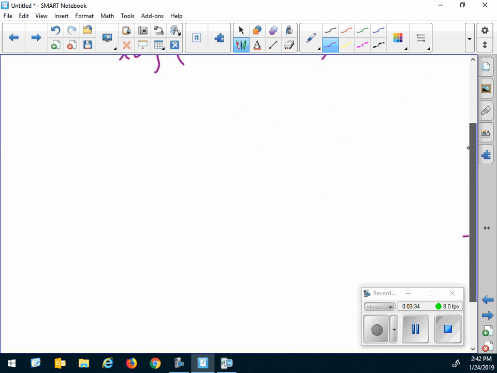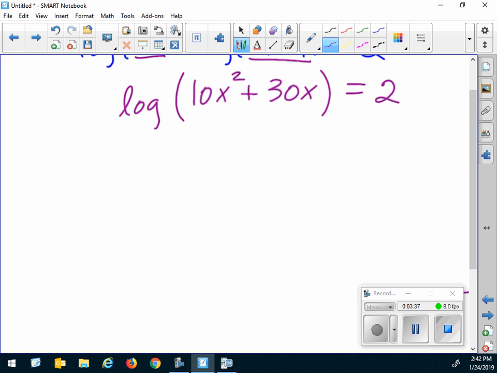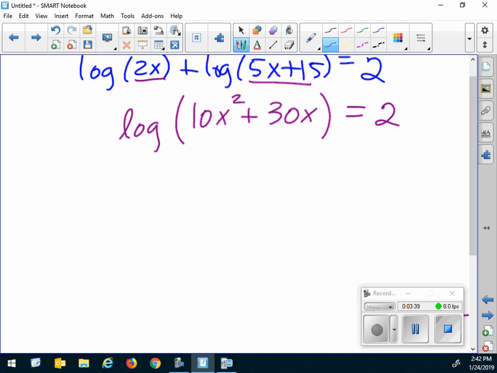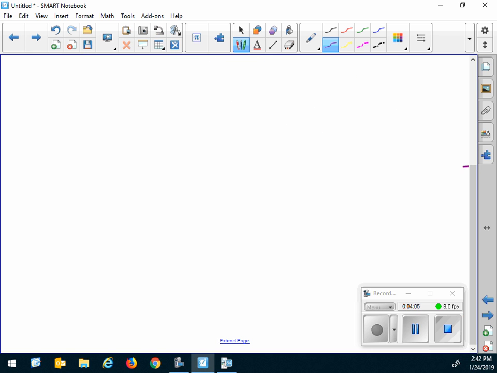Now, what's your base? 10. 10 to the second power. What's 10 to the second power? 100. 10 to the second power equals, getting from this step to this step. Here's what I did.